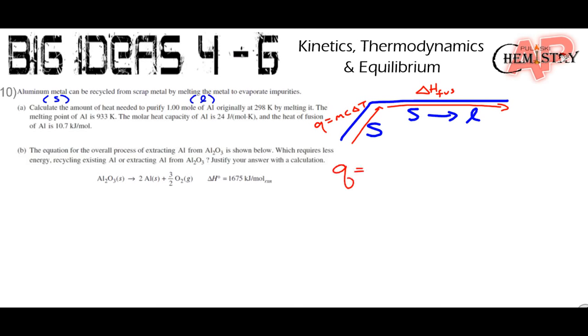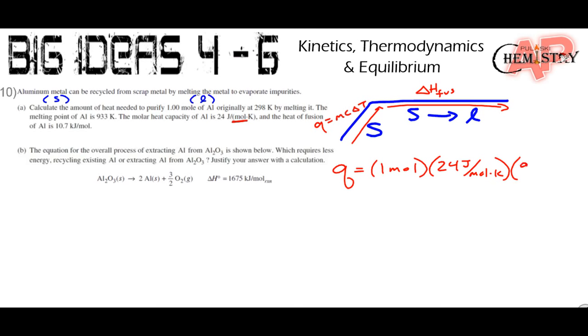So here we go. It said I have 1 mole. I could say that I have 27 grams and then divide by it right away, but basically, I have a mole of it, and the reason why is that I know that I have a mole here. So I have 1 mole. We're going to change that just a little bit. I have 24 joules per mole Kelvin.